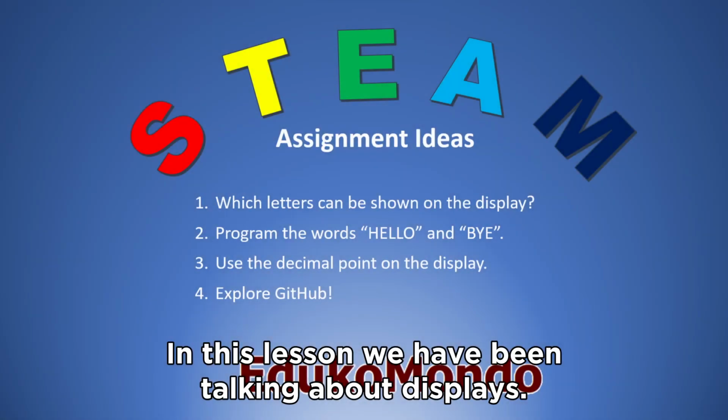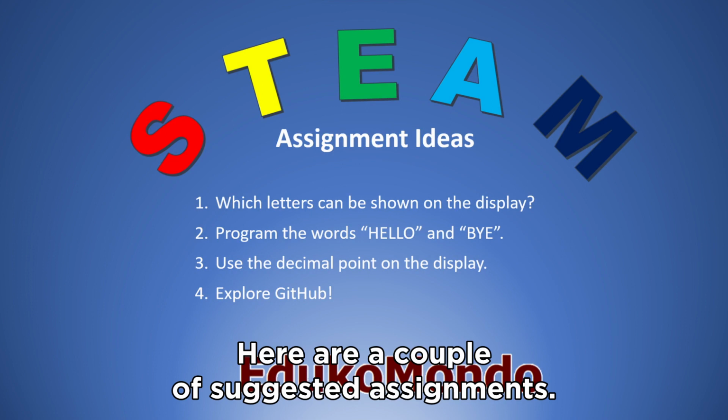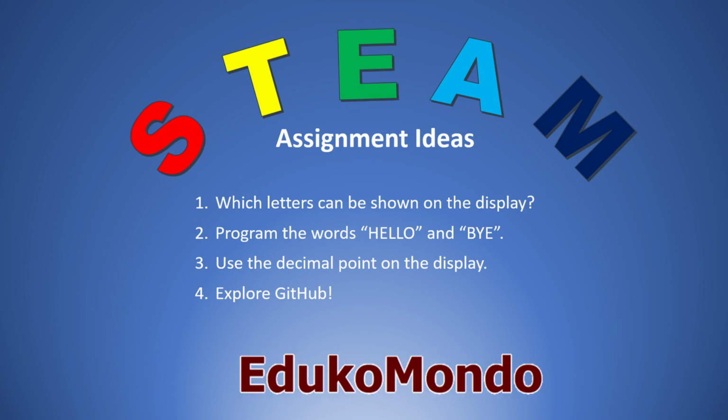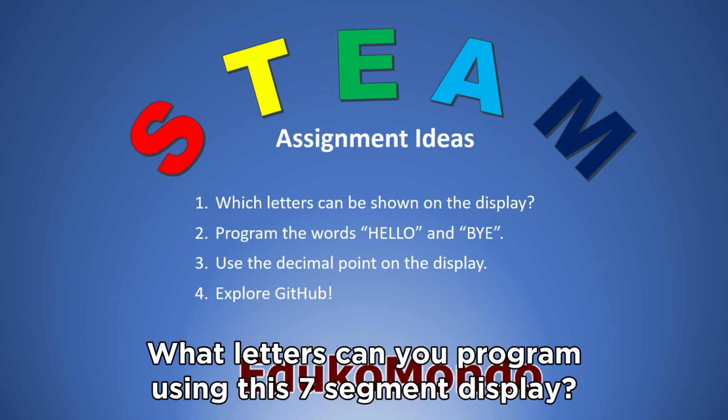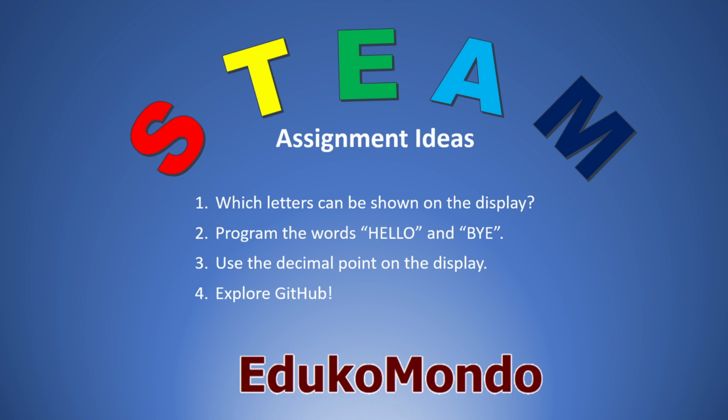In this lesson, we have been talking about displays. So here are a couple of suggested assignments. What letters can you program using the 7-segment display? Can you program the following words? Hello, bye.